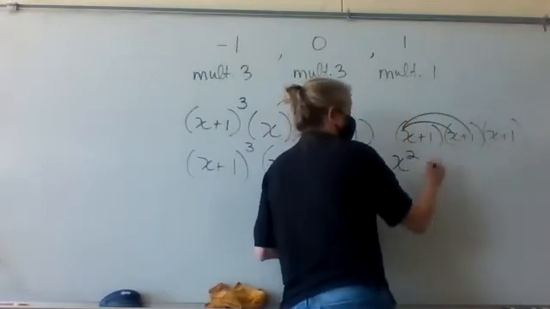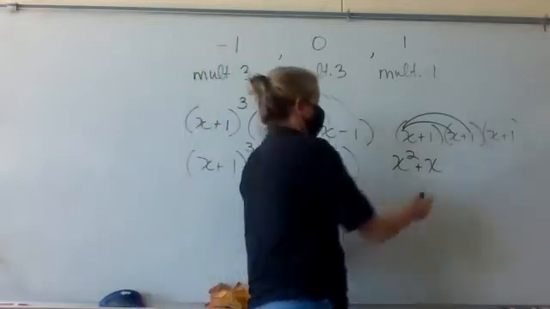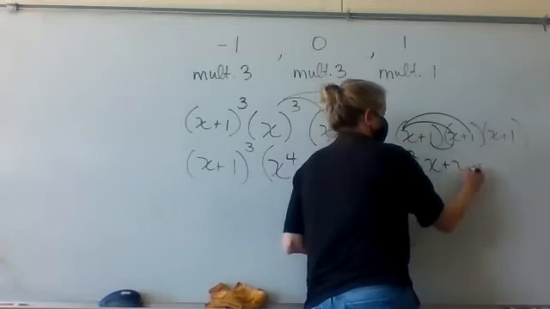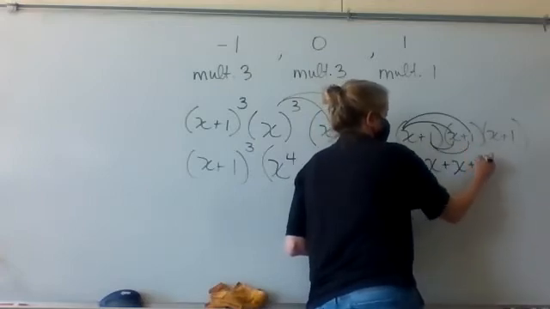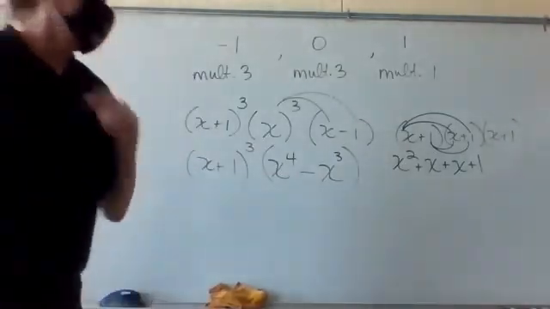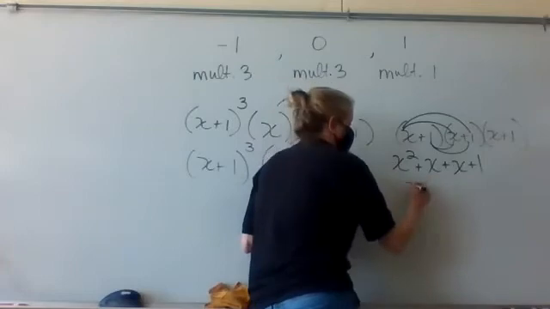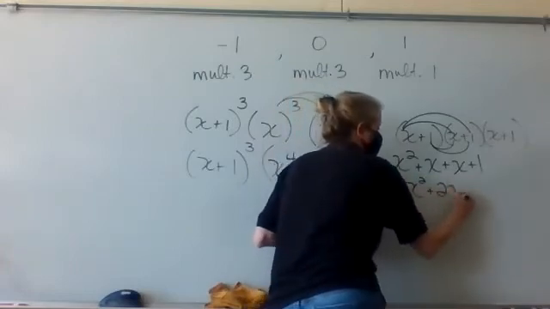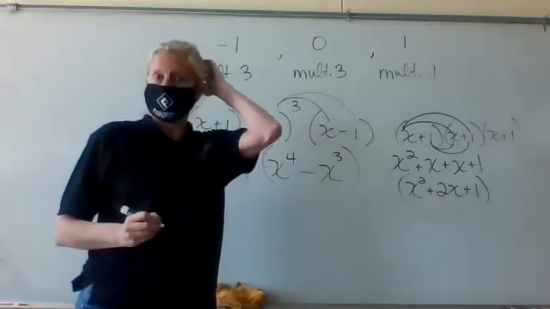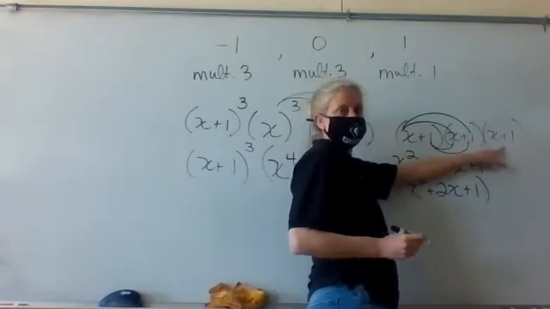My outer, x times 1 is x. My inner, 1 times x is x. And my last, 1 times 1 is 1. I can clean this one up. I really have 2 x's in the middle. So now I have x squared plus 2x plus 1. Drop down this x plus 1.